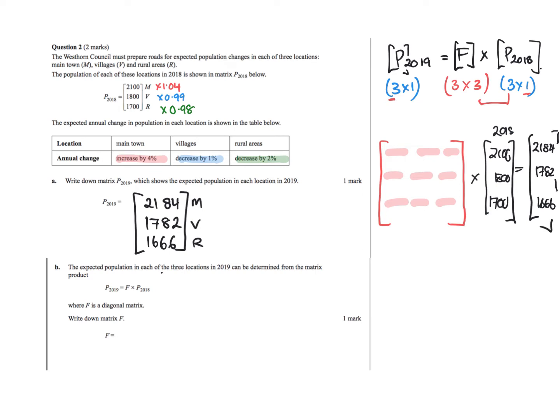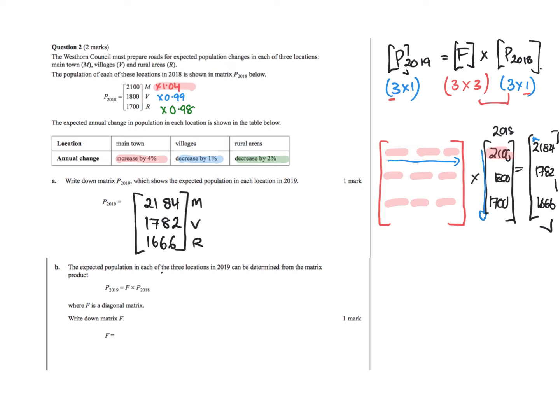So you know this number here, the top one, we multiplied it by 1.04. If you think about the run and dive method, this row down this column would have given this first answer.